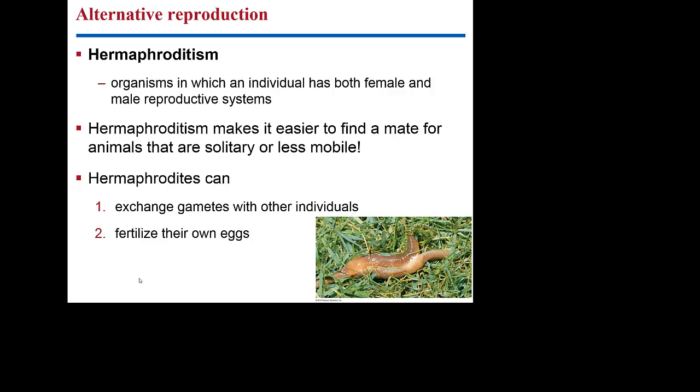Other options. Organisms can be hermaphrodites, meaning that they contain both female and male components, meaning they can produce both eggs and sperm, or the species equivalent of that.